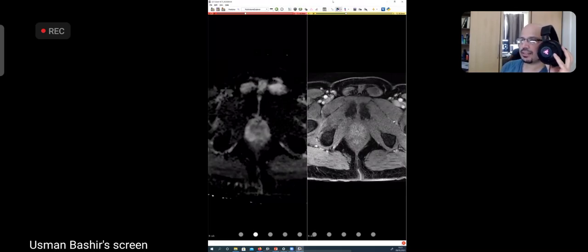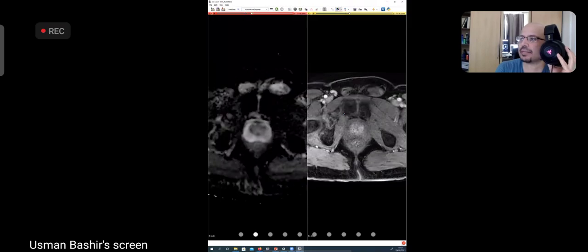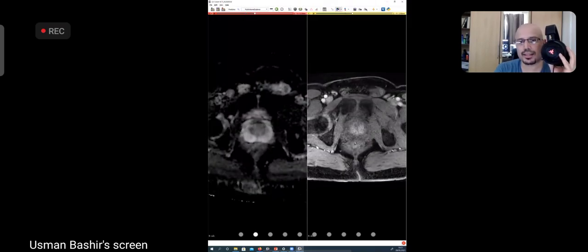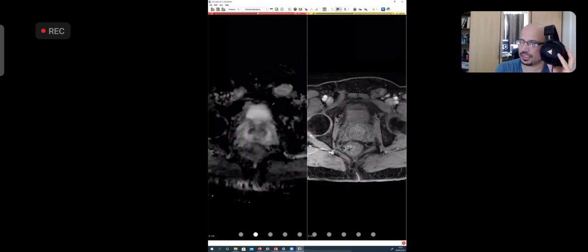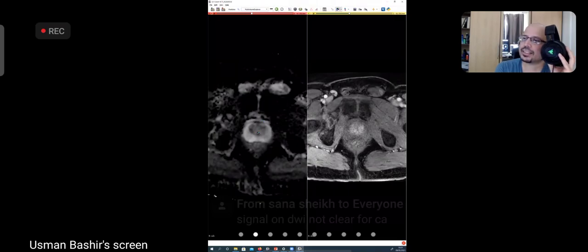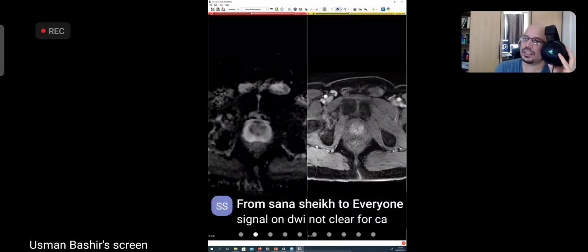But the question is, if you say I have to diagnose cancer, the first thing is that in the transitional zone you only use... okay, let's look at this case actually. See how many dark blobs there are, this is the transitional zone, you cannot call these cancer. This is benign BPH.